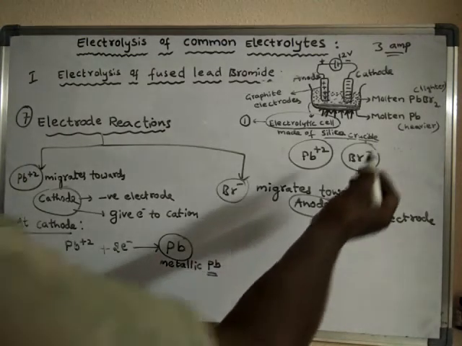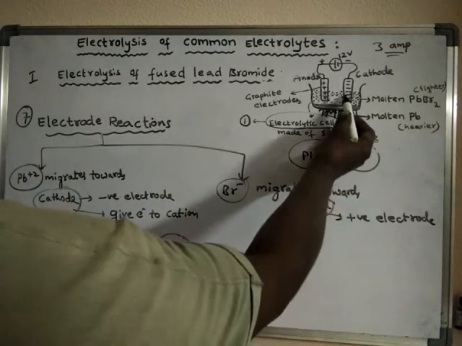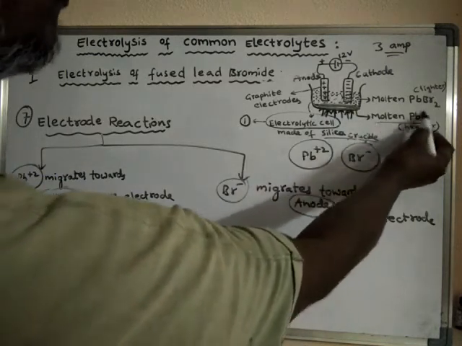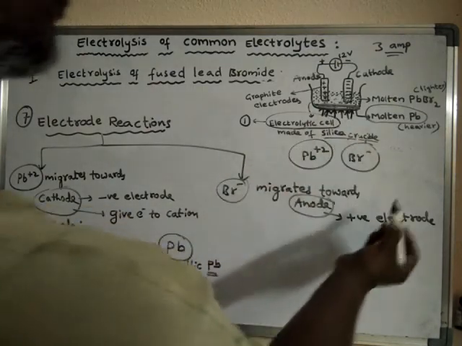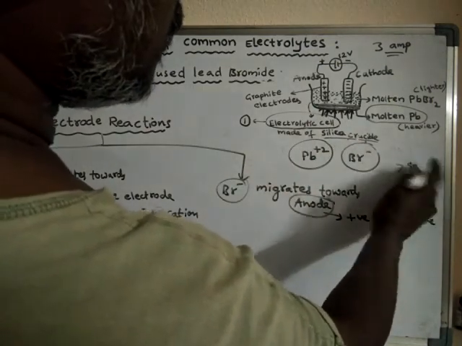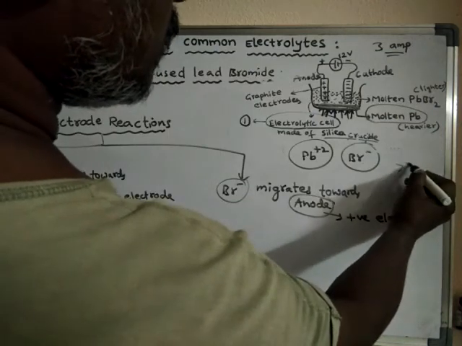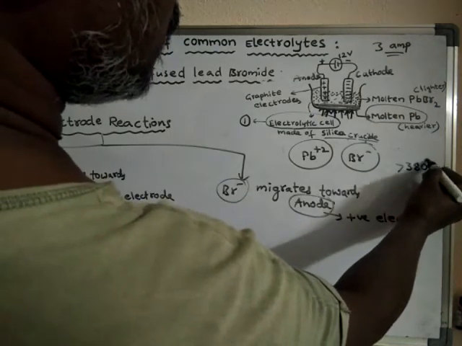Here the lead which is formed is obtained in molten form, because the temperature is maintained above 380 degrees centigrade.